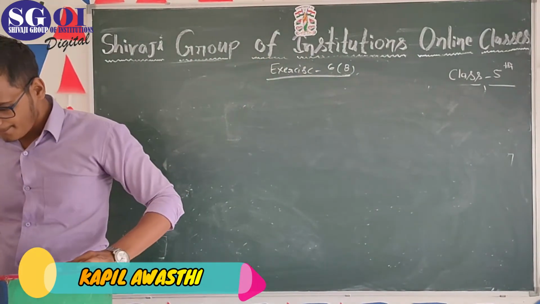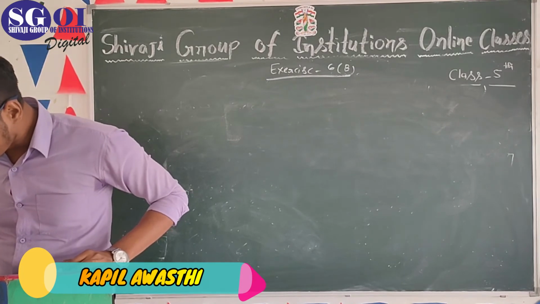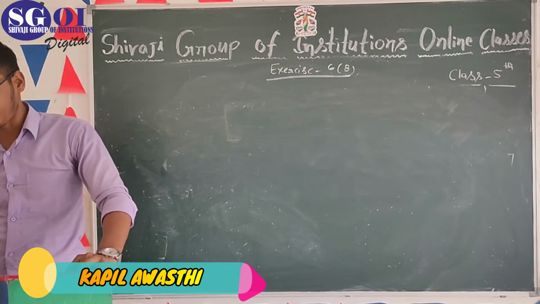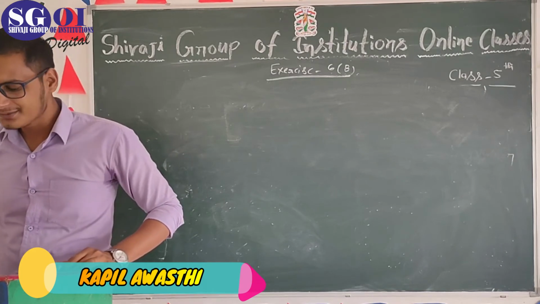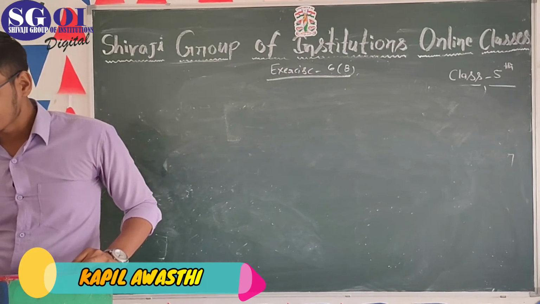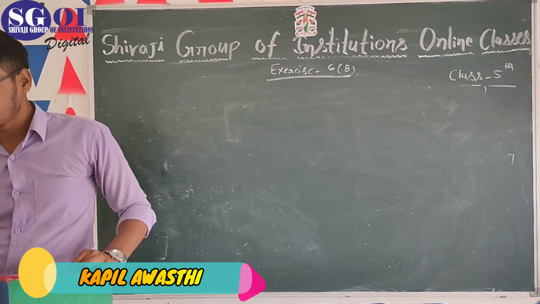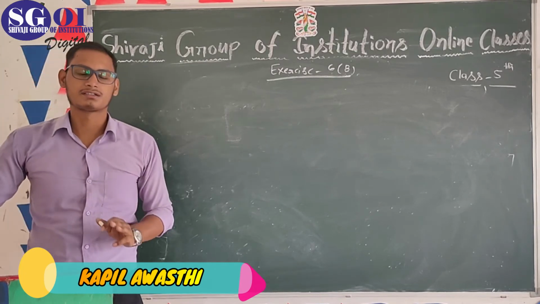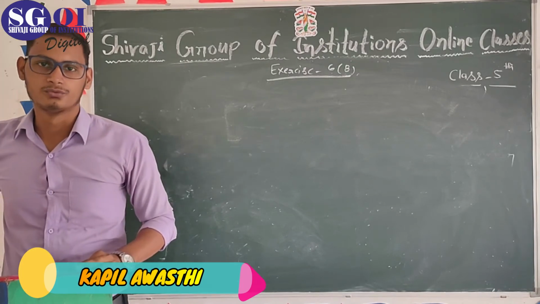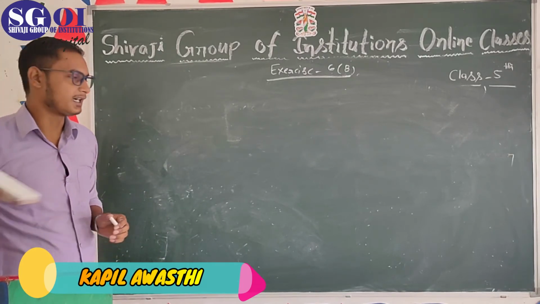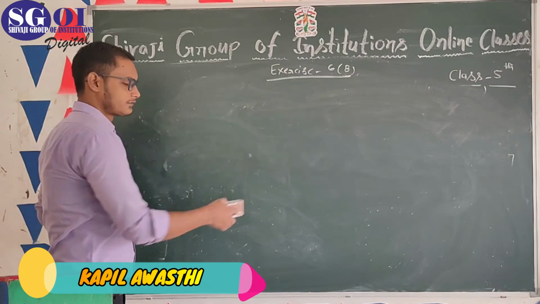Next one is: express each of the following numbers as the sum of twin primes. What are twin primes? Two prime numbers which differ by 2 are called twin primes. That means two prime numbers whose difference is 2. Okay, they are called twin prime numbers.